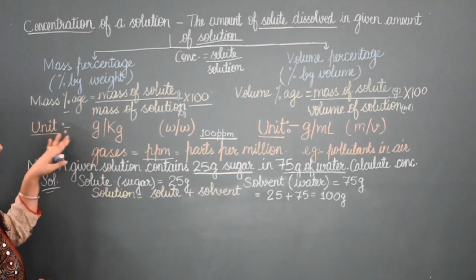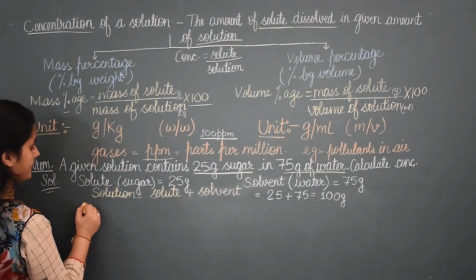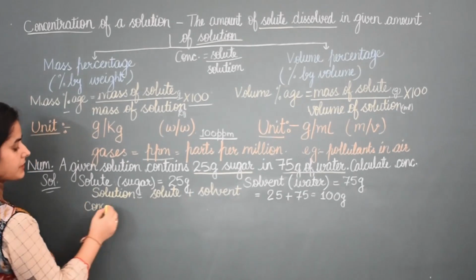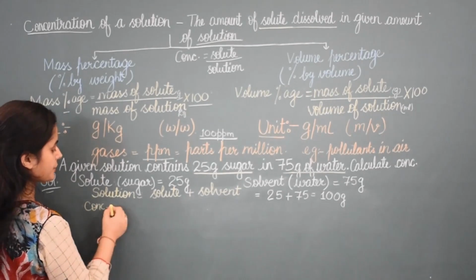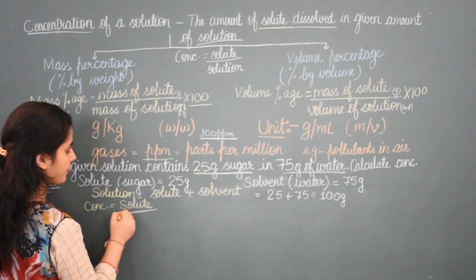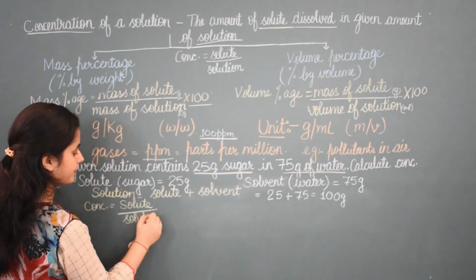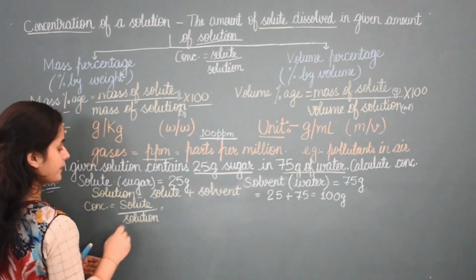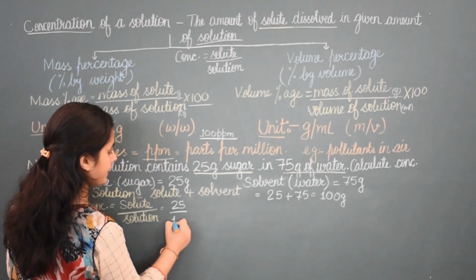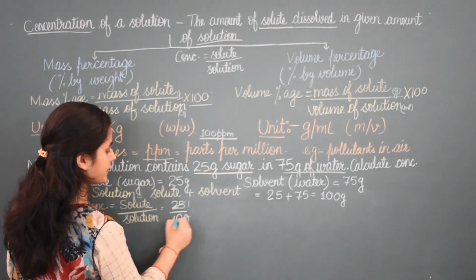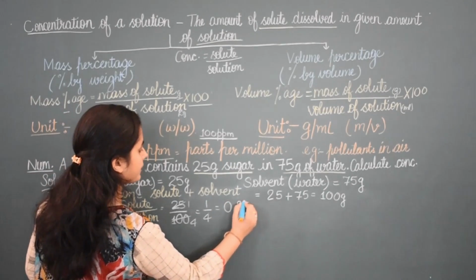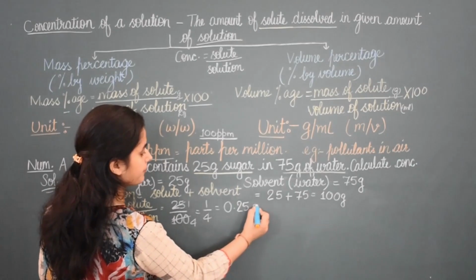Now apply the formula of concentration. If we have to find the concentration, it is solute upon solution. Solute is 25, solution is 100, so it becomes 0.25 gram.